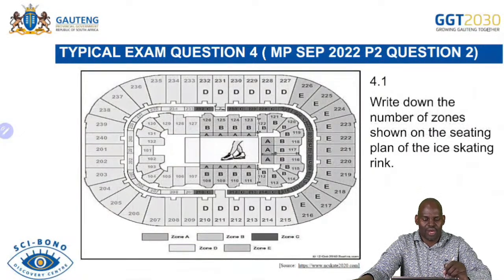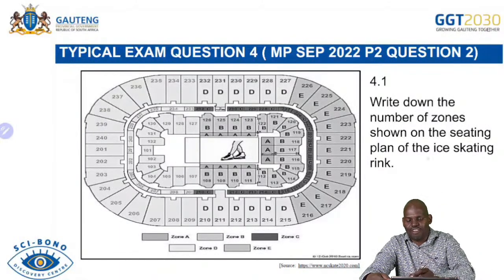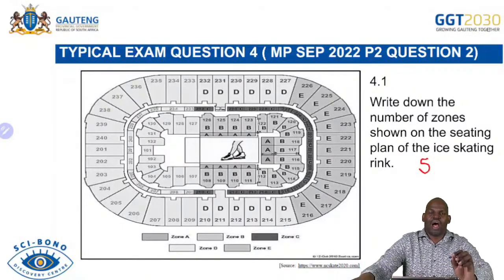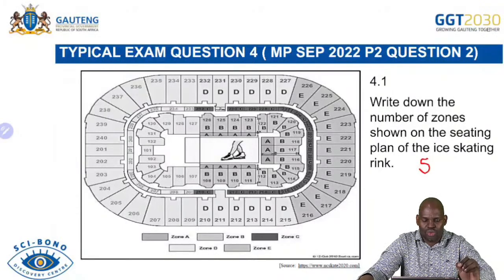You've got zone A, zone B, zone C, zone D, zone E. So there are actually 5 of them. So the number of zones is 5. It was just a matter of counting, and then you write down the number.